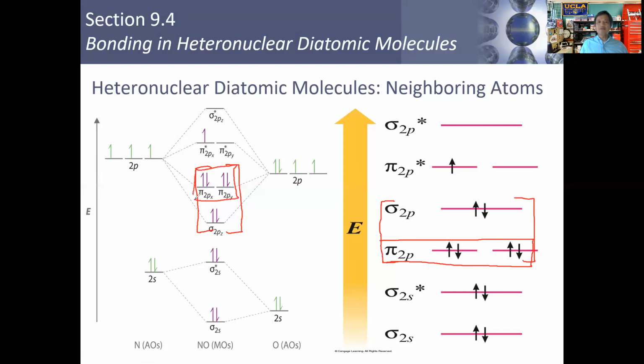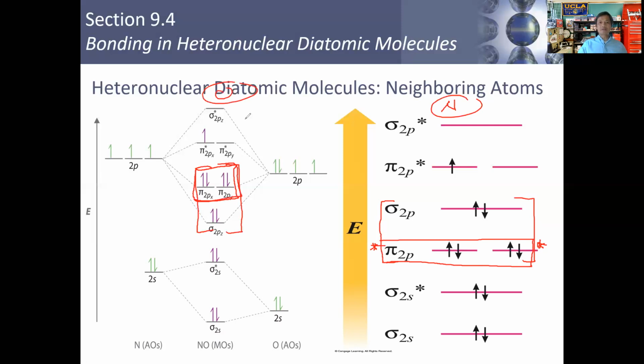And remember, nature always strives to achieve the lowest energy levels. Having 4 electrons here higher in energy than here would not be as favorable. So in this case, we have 4 electrons lower in energy. Here we have 4 electrons that are higher in energy. And so that's one way that we can explain why nitrogen monoxide takes the molecular orbital diagram for nitrogen as opposed to oxygen.